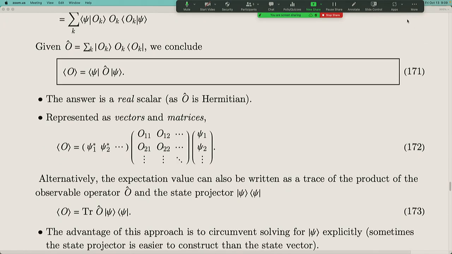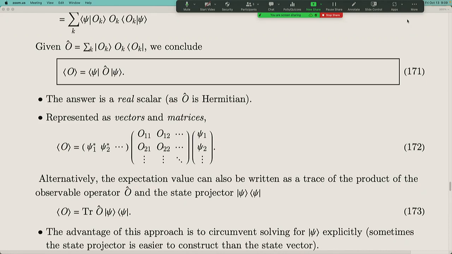Okay? So first of all, you can actually ensure that this answer is a real scalar. How do I know that? Because if I make a complex conjugate of this number, that corresponds to complex conjugating this expression. But complex conjugating this expression simply means you exchange bra and ket and take a Hermitian conjugate of the operator.